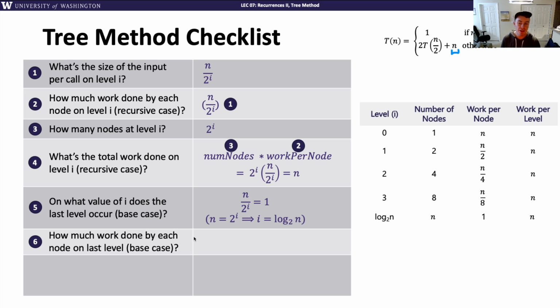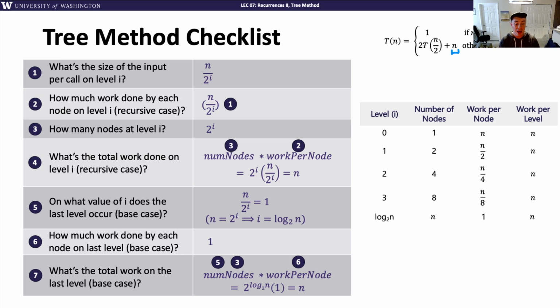Now, the last couple of things we need to figure out: that's how tall the tree is, but what's happening at that base case? How much work is happening across that level of the base case? Well, in our context, if you look at our recurrence at the top, each individual base case node is only doing one step, one unit of work. And so we have to ask how much work is happening across that base case. Well, it's the number of nodes at the base case times the base case workload. So it's going to be our answers to 5 and 3. Question 5 is at what index the base case occurs, and question 3, how many nodes at that level.